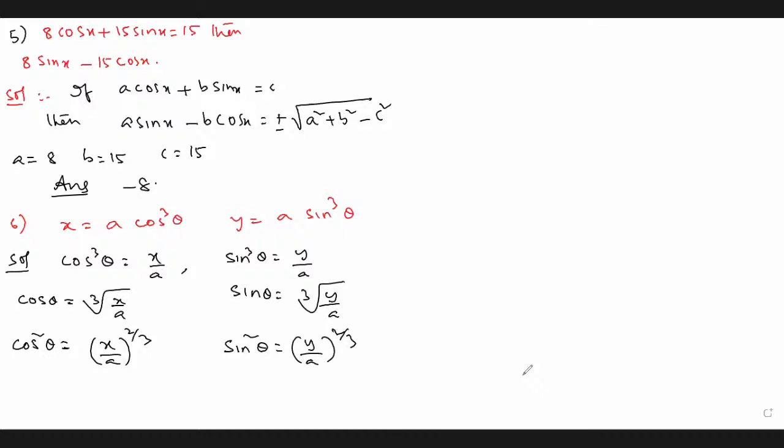Now, as you know very well, cos square theta plus sin square theta is equal to 1.